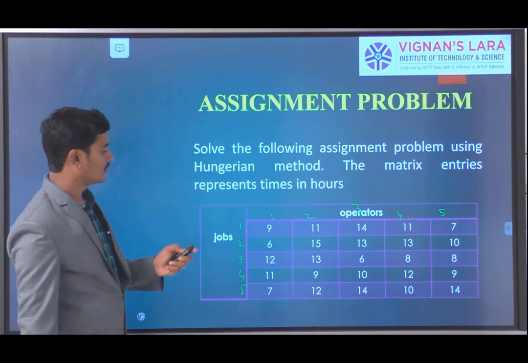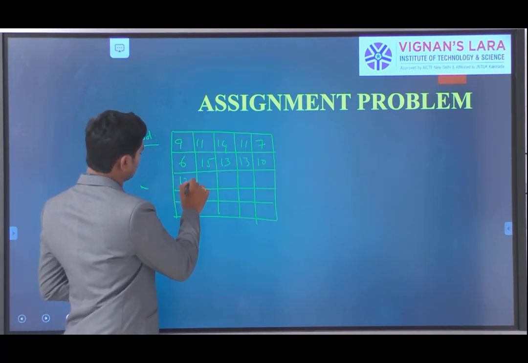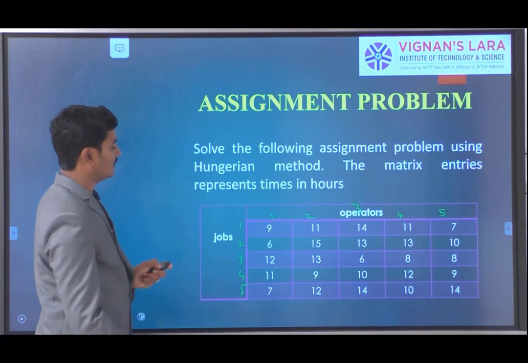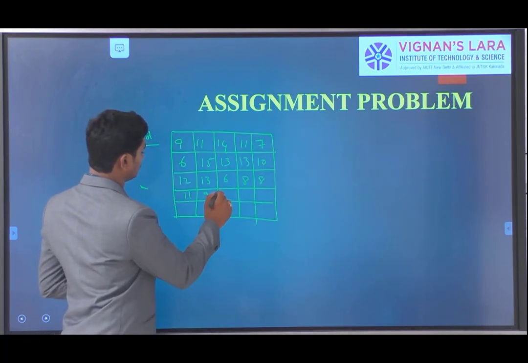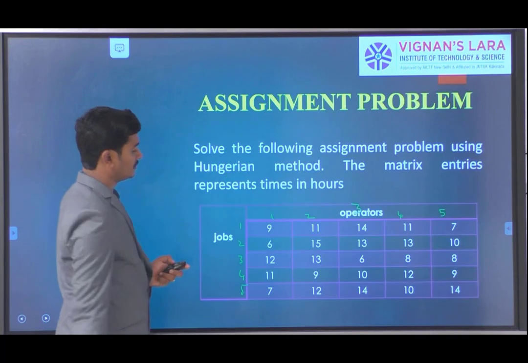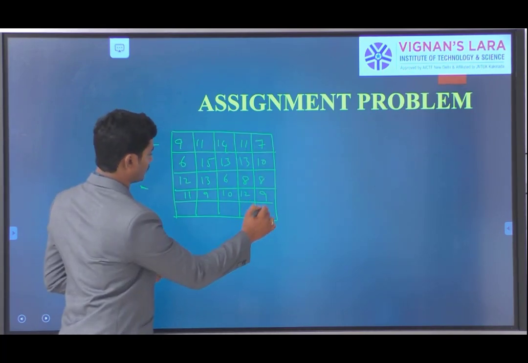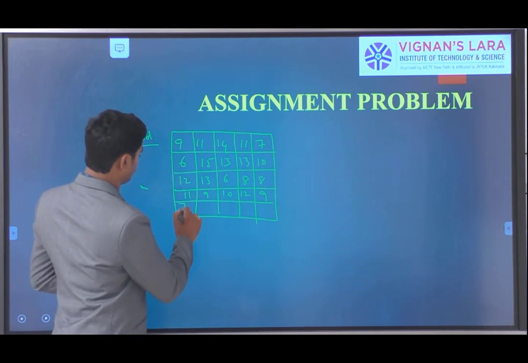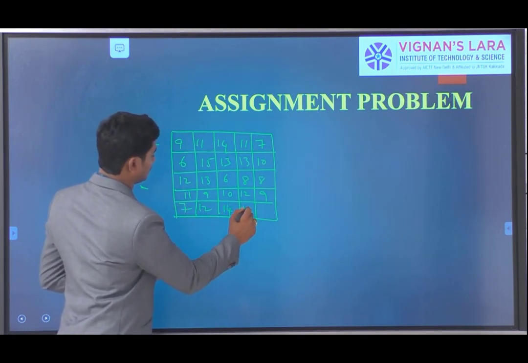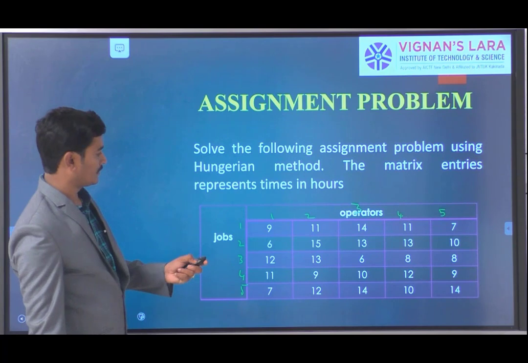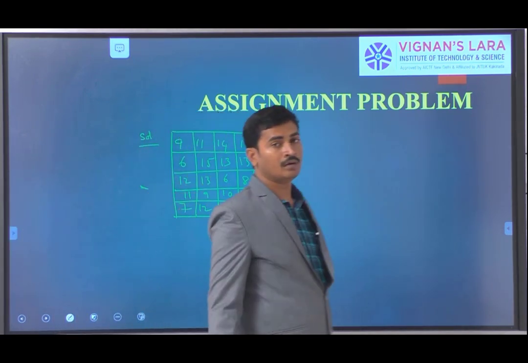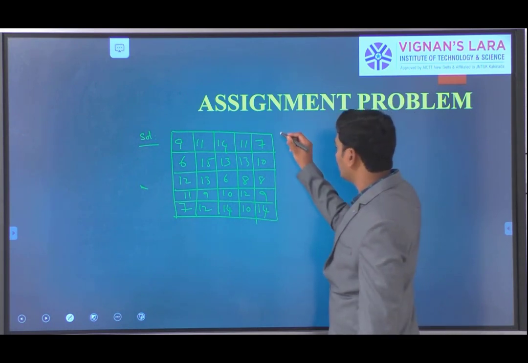Third row values 12, 13, 6, 8, 8. Fourth row values 11, 9, 10, 12, 9. And fifth row is 7, 12, 14, 10, 14.